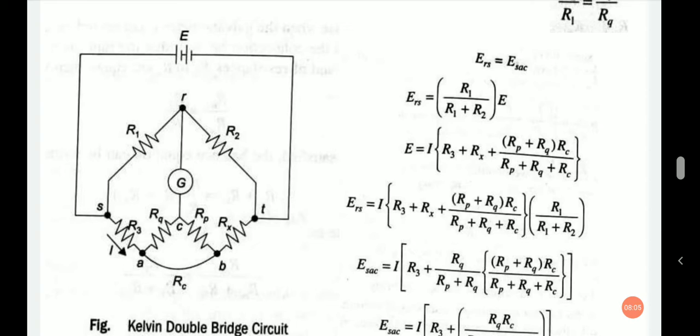Hence it is modified by introducing an additional set of ratio arms as shown in the figure. This is known as the Kelvin double bridge circuit, signified by the second set of ratio arms in the bridge circuit.